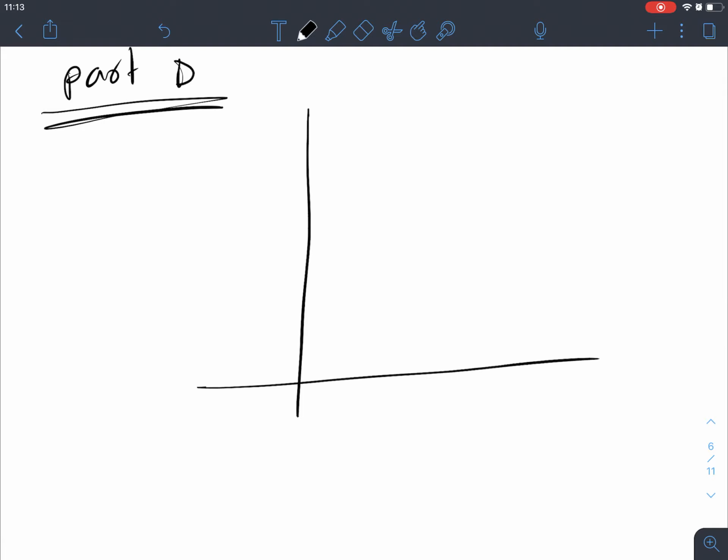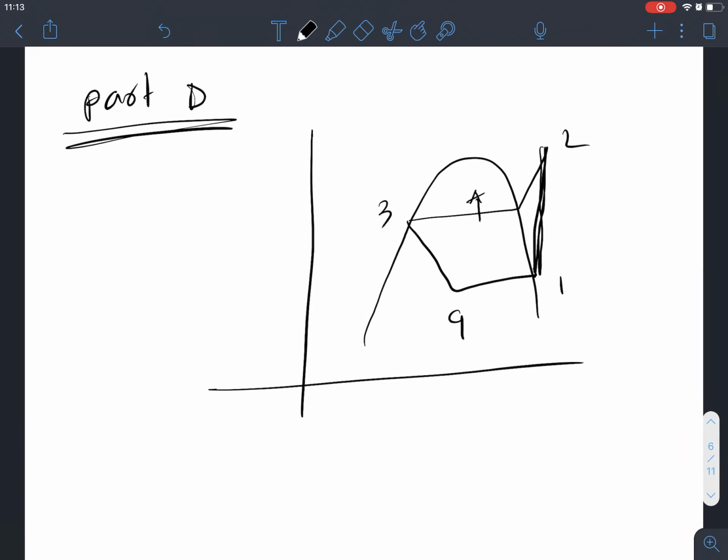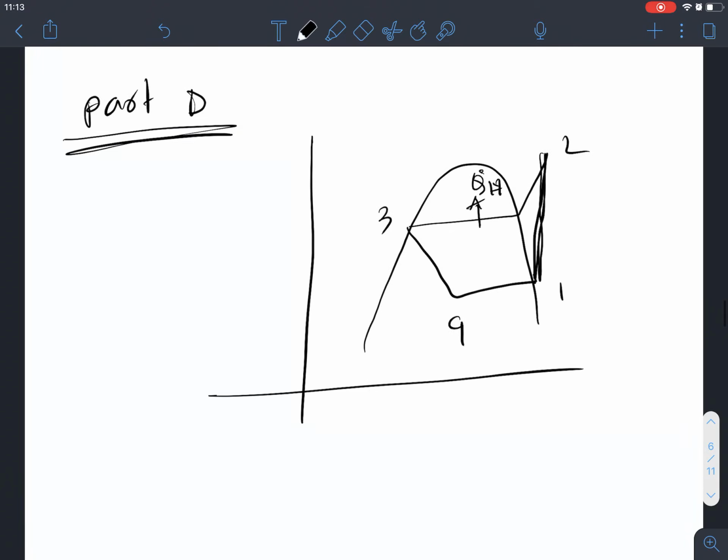If it is an ideal refrigeration cycle, then the TS diagram would look like this: 1, 2, 3, 4, still with the isentropic line, right? So it is asking us what is the QH and what is the COP of this cycle.